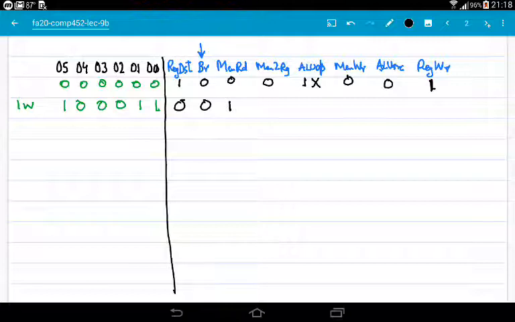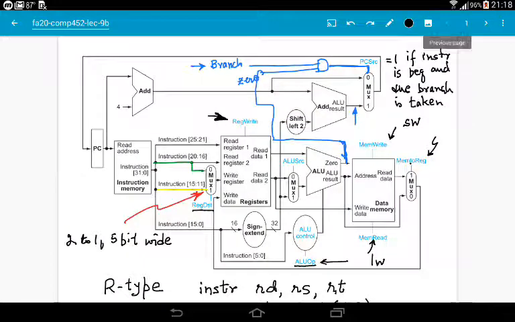And let's take a look at mem to reg. What should be mem to reg? Okay, mem to reg should be 1 because we want to pass the data from the read data output of data memory. We want to let it go through to the output of the multiplexer. So mem to reg must be 1 for load word.